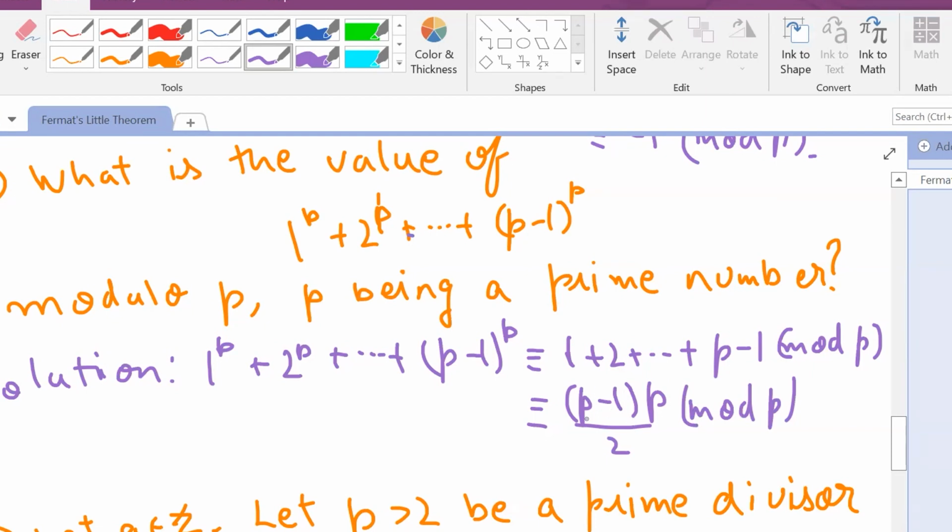Because if p were even, p minus 1 by 2 would not be an integer. So because p is an odd prime, p minus 1 is even. Therefore, p minus 1 by 2 is an integer, and therefore this entire expression is essentially a multiple of p. So this entire number is a multiple of p, and this thus is congruent to 0 mod p.